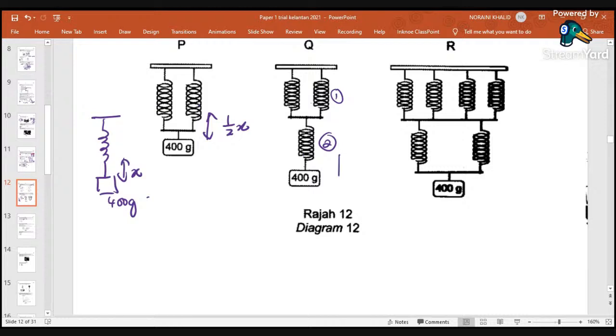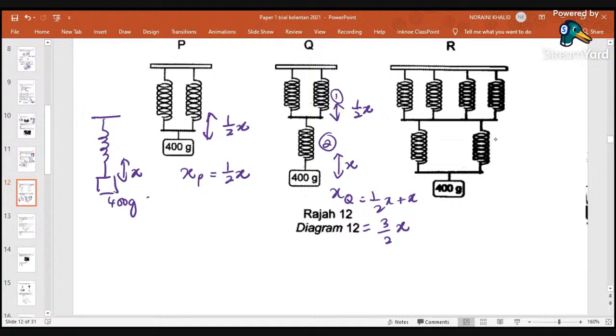So the bottom part will experience 400 gram of mass, so this one will extend X. Above here, there are two springs, so it becomes half X. So the extension for P is equal to half X. Extension of Q equals half X plus X, which is 3 over 2X.